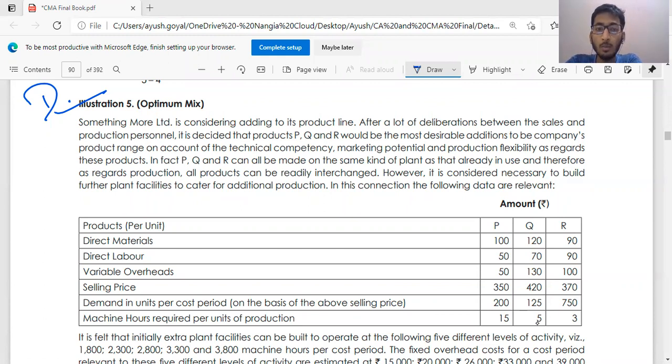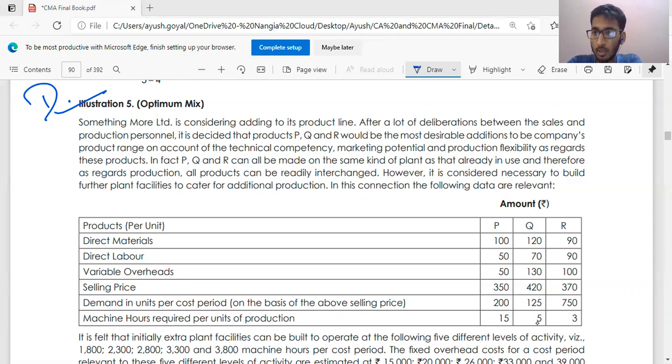In fact, PQR can all be made on the same kind of plant as is already used. And therefore, as regards production, all products can be readily interchanged. However, it is considered necessary to build further plant facilities to cater for additional production.